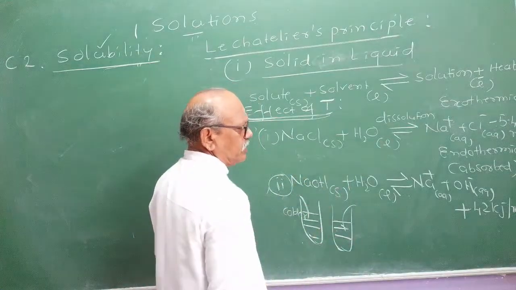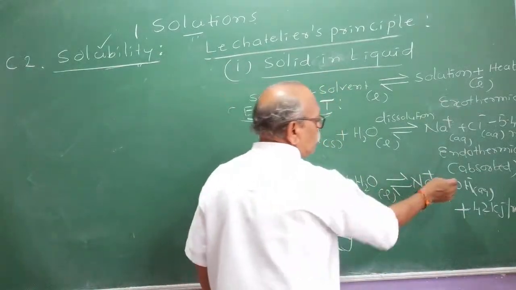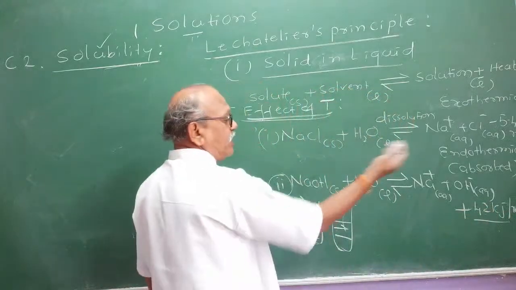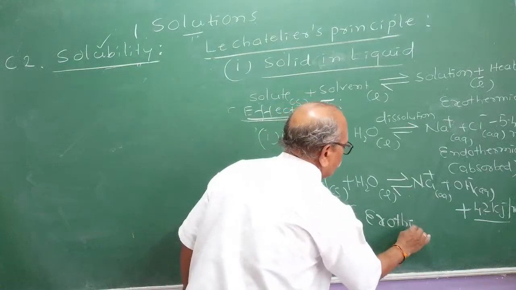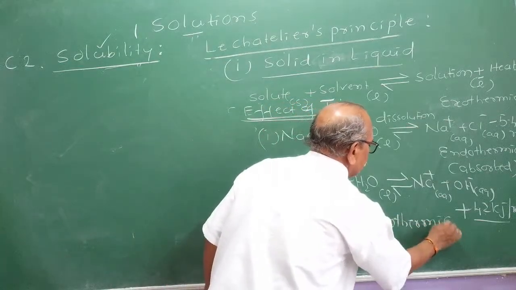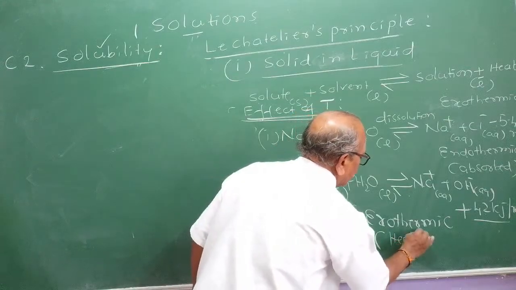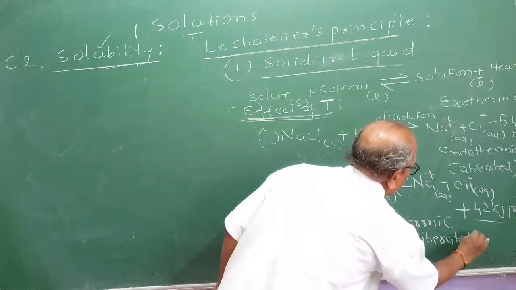And sodium hydroxide dissolution in water is exothermic. 42 kilojoule per mole of heat energy is liberated. Therefore, it is exothermic, means heat energy liberated. Try to understand clearly. Le Chatelier principle.